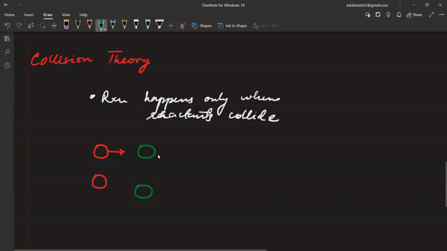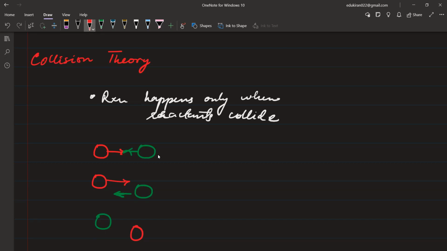Red and green are colliding very directly. Another is where both of them collide tangentially. And there will be one collision in which one reactant is here and the other reactant is here. They are just touching each other, nothing else.